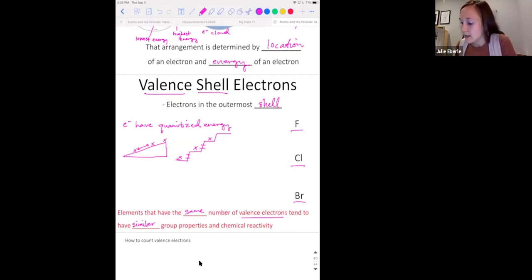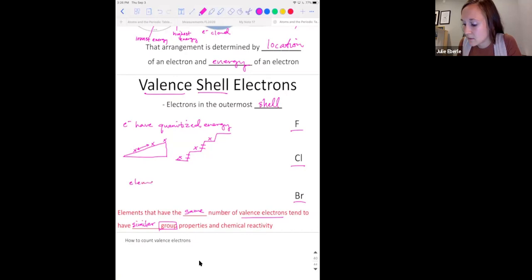All right, so notice here too, I'm going to point out this word group. We said they have similar group properties. Why is that? Well, elements that are in the same group have the same number of valence electrons. I'm going to make a note of that.